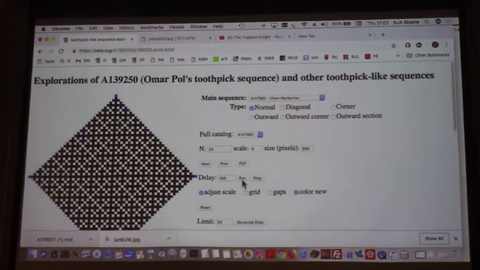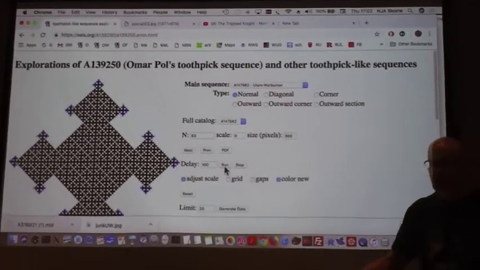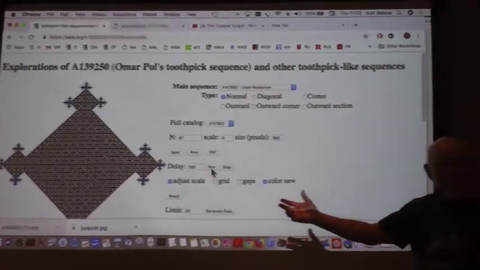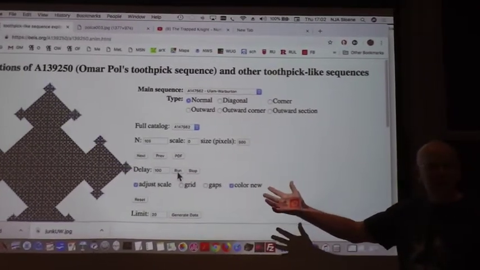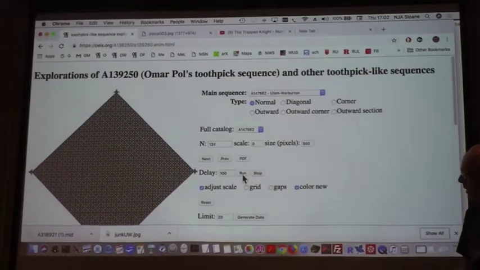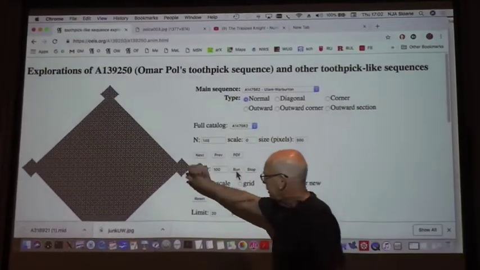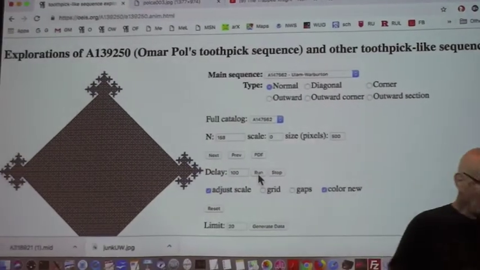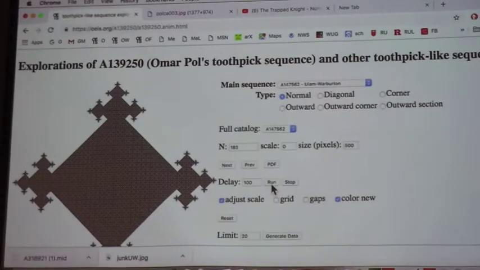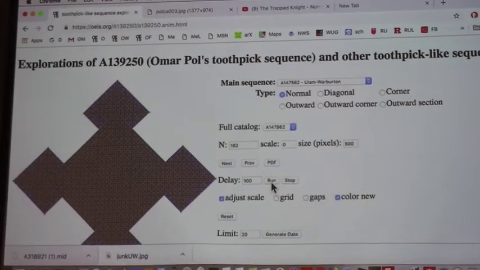It's a cellular automaton that's infecting some squares in a very simple way, and there's a simple rule for it, and we understand everything about it. When it gets to a power of 2, it starts growing from the corners in a predictable way. This is the classical Ulam-Warburton cellular automaton, well understood.